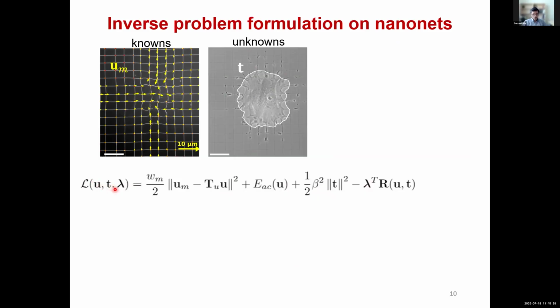What we are minimizing is the mismatch between the displacements at the fiber intersections, these yellow arrows, and the displacements u that are created by the unknown forces T, which we apply in our numerical model.